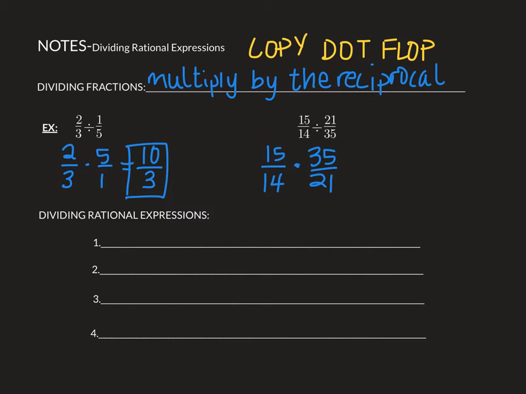So let's rewrite this fraction in terms of factors. Well, 15 is 5 times 3, and 14 is 2 times 7, and 35 is 5 times 7, and 21 is 3 times 7. So if I go through and reduce these, I have a 3 and a 3.